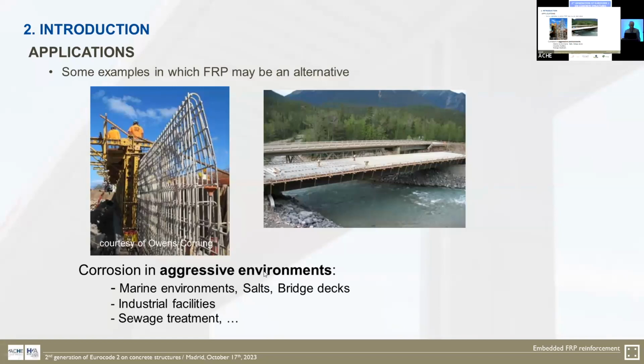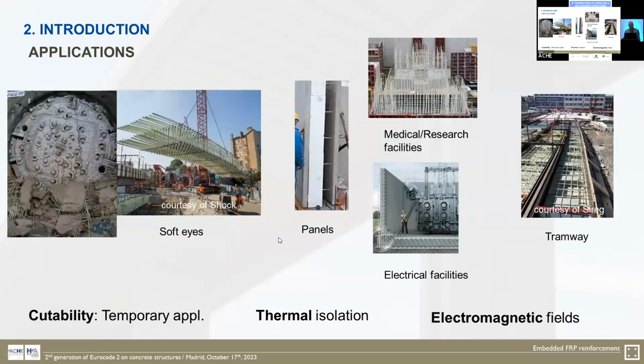Probably the most important is corrosion in aggressive environments, for marine environments, salts, bridge decks, industrial facilities, or sewage treatment. Other applications taking profit from the properties are, for example, temporary applications where cuttability is required, for example, for the soft eyes in the metro tunnels.